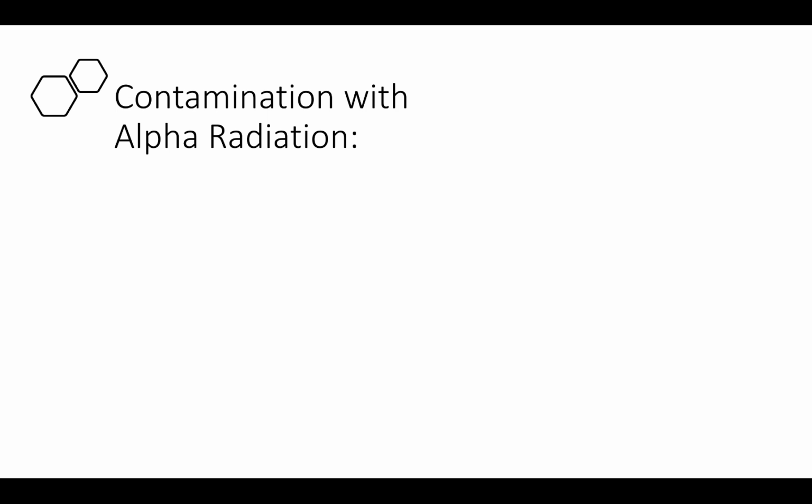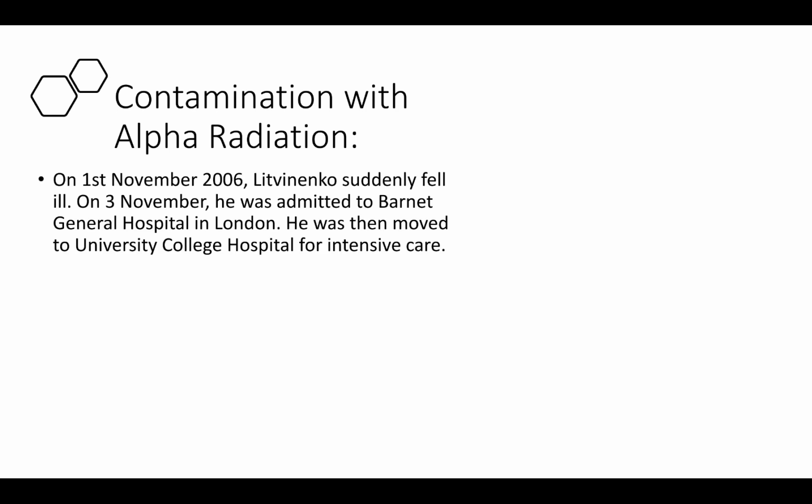And alpha radiation can be particularly dangerous. So on 1st of November 2006, Litvinenko, a Russian national that was living in London, fell ill, and on the 3rd of November he was admitted to Barnet General Hospital in London. He was then moved to University College Hospital for intensive care.